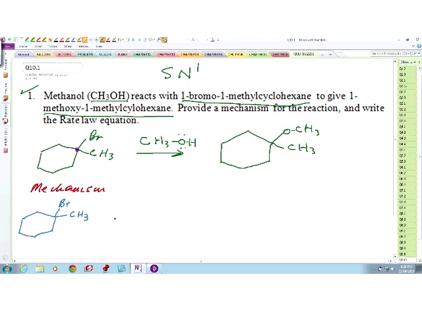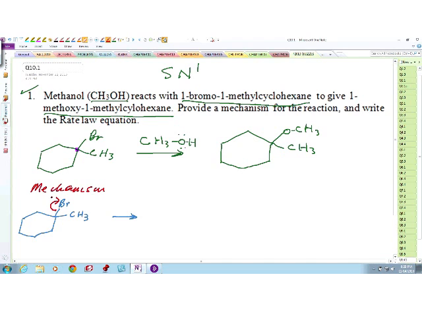So the first thing that happens is the cleavage of the carbon-bromine bond. You have to show the arrow showing a heterolytic cleavage.